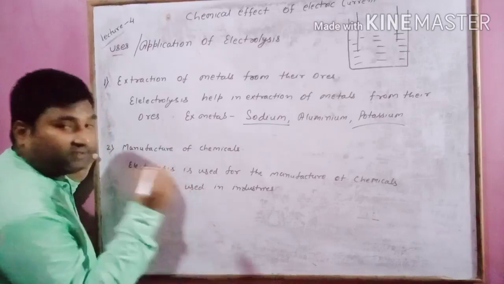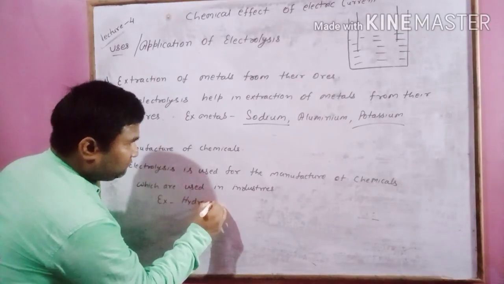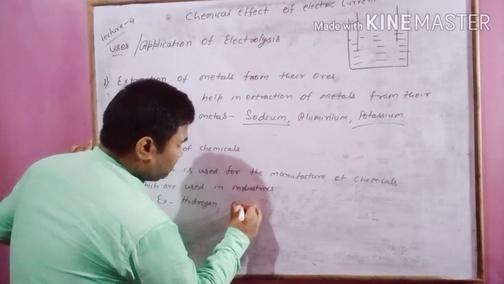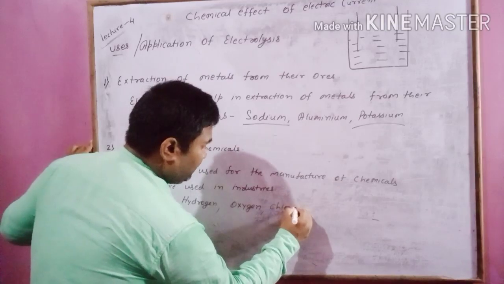Examples of chemicals are hydrogen, oxygen, chlorine, etc.